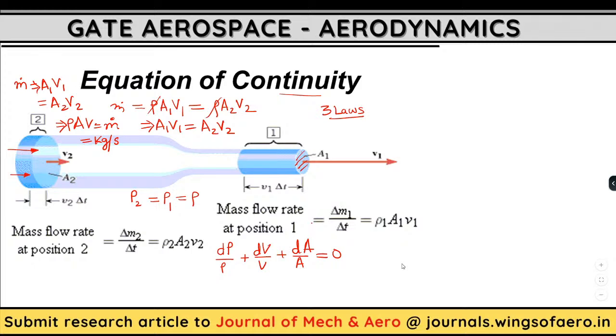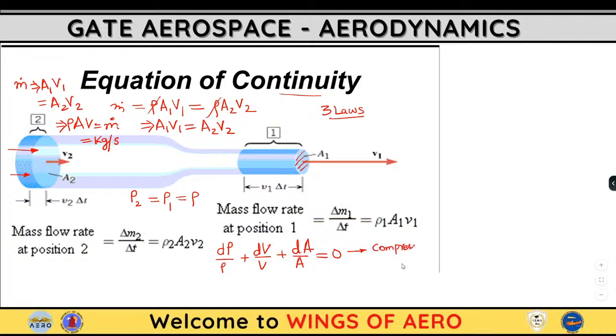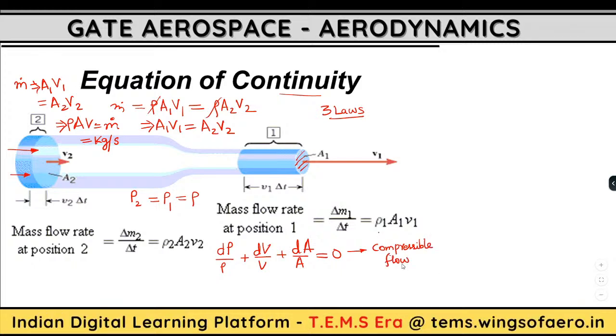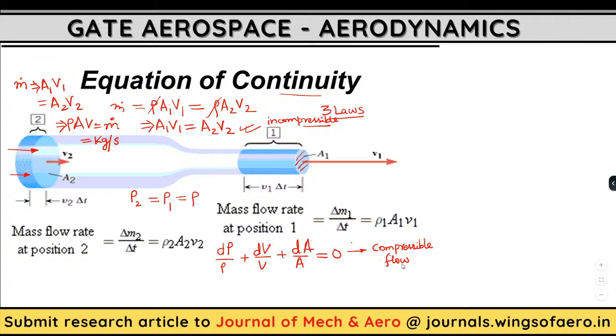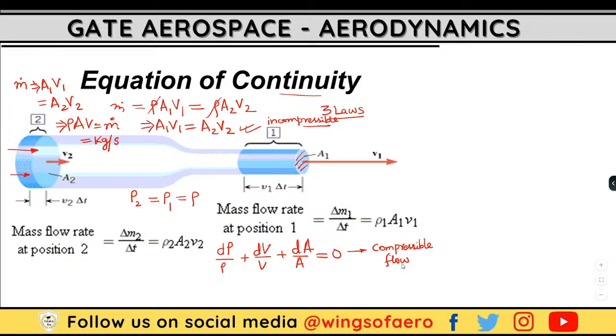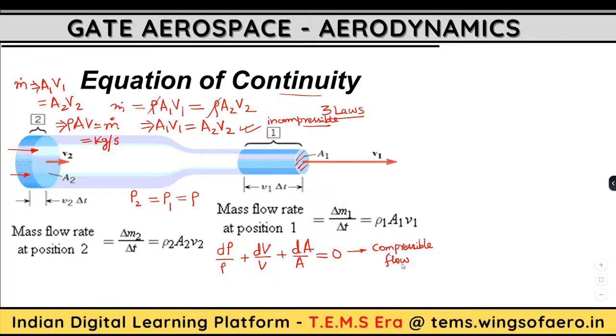This formula represents the continuity equation for a compressible flow. The earlier one is only satisfied when the flow is incompressible, but this is for the compressible flow. So whenever they give a couple of equations and ask you to find the continuity equation for a compressible flow, then this will be the answer.